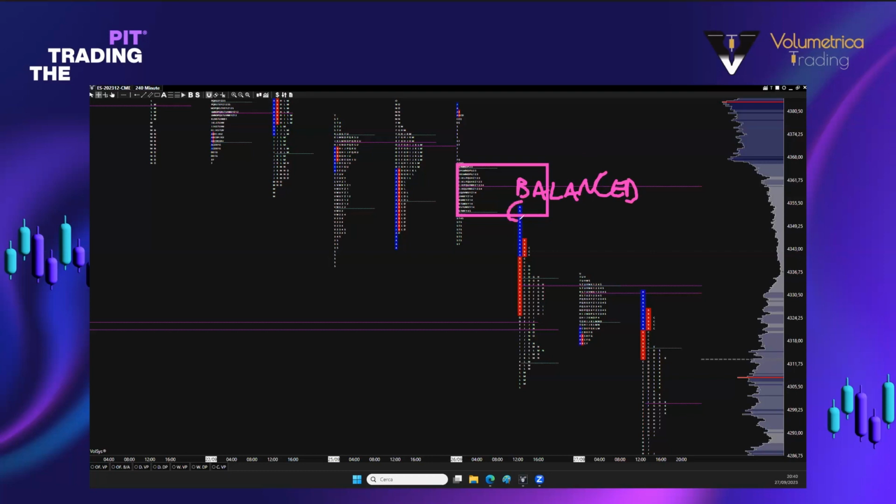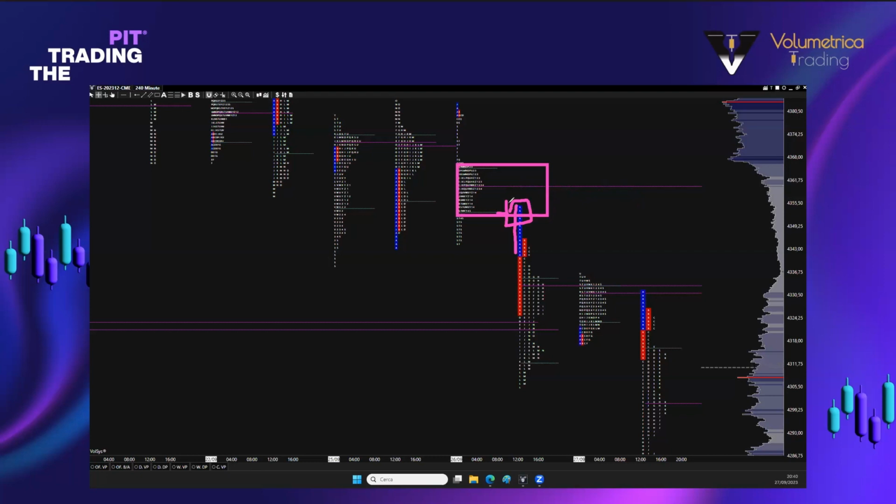Now, the market opens. That's the A print of the RTH session. What does it do? How does it move? Well, it's starting to trade within the previous value area, the one from the morning, but then apparently it fails.